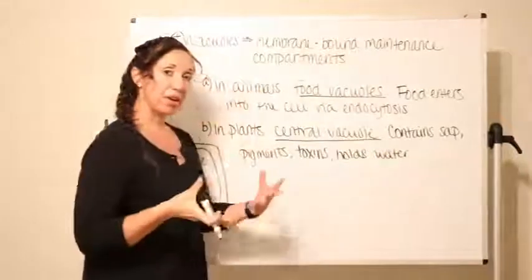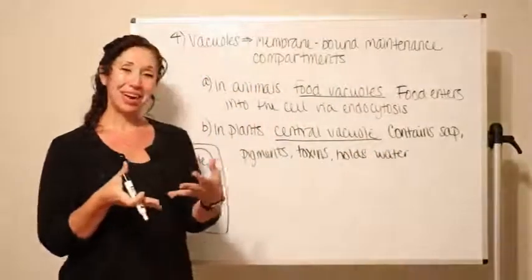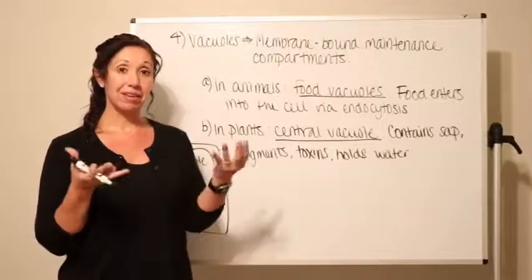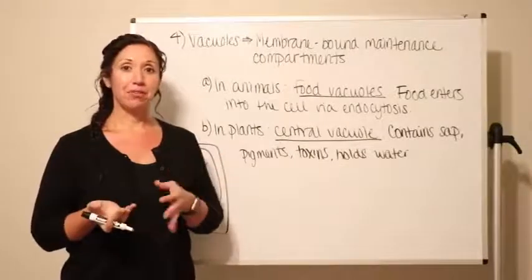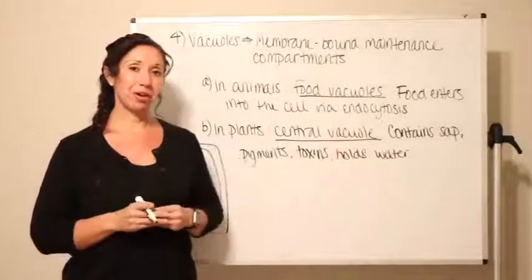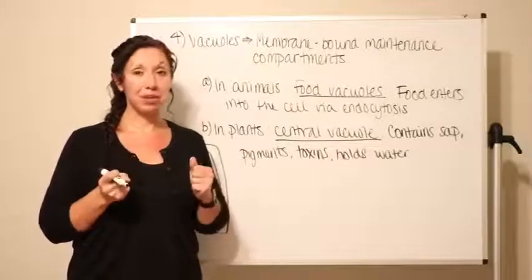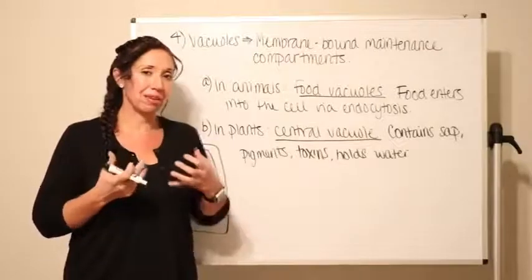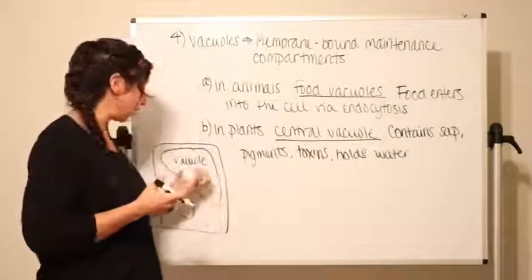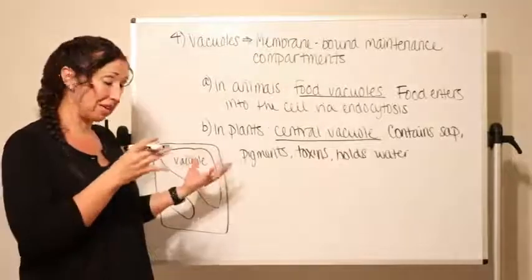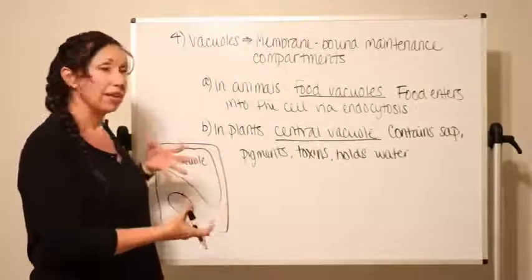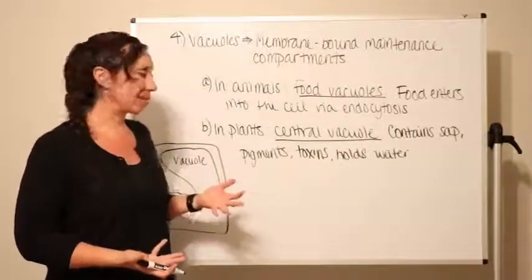And these can expand or contract depending on the tonicity the plant cell is in. If you go back to our last unit on water, remember if you have a hypotonic, hypertonic, or an isotonic solution, plant cells are going to behave differently. It's this central vacuole that's going to either expand or contract to modify the tonicity for the cell.